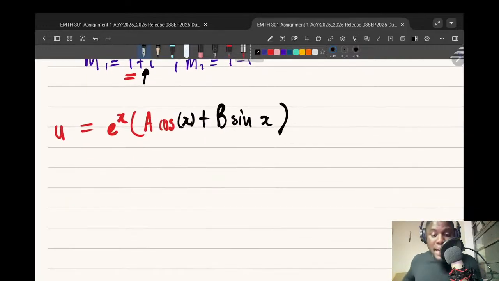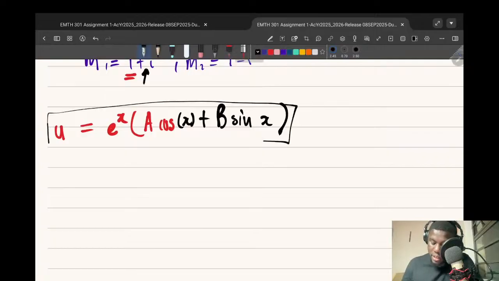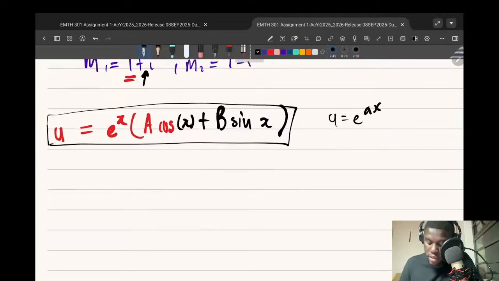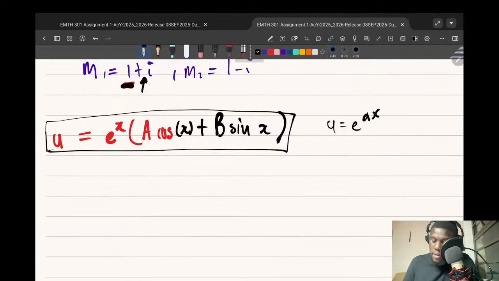This is going to be my u. And you are done. I know that when we got here for y, we then looked for a and b. But for you, don't. Just get u. Remember that we had said that that thing will be equal to e to the alpha x, which our alpha was just here. It's 1.